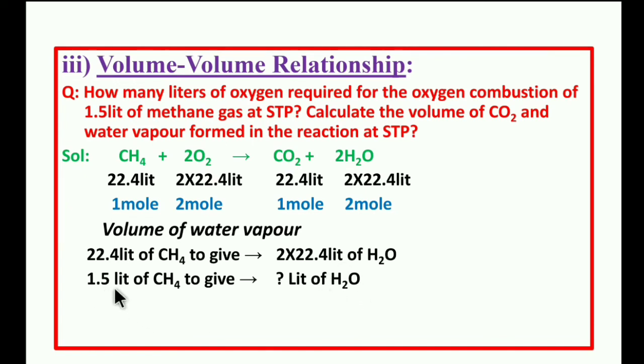That means 1.5 by 22.4 into 2 into 22.4. So this is 1.5 into 2 into 22.4 by 22.4. Then we can cancel. 2 into 1.5 becomes 3 liters of H2O in vapor state that is released. So when 1.5 liters of methane gas is combusted at STP, this is the volume of the water vapor.